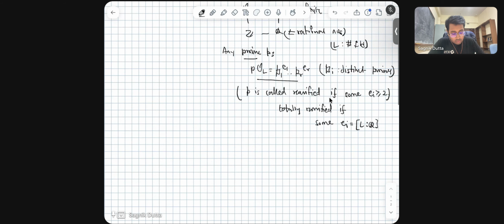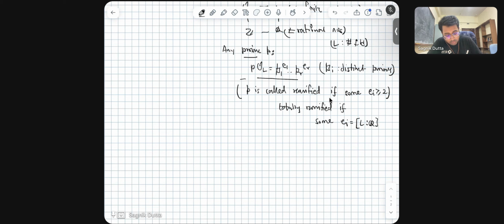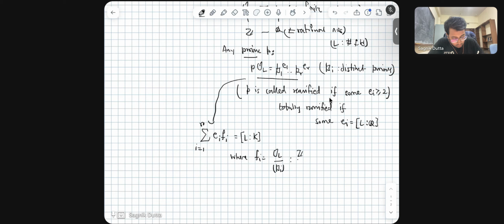Because it's a result that the summation of ei fi, from 1 to r, is the degree of the extension, where fi is the degree of the residue field extension.